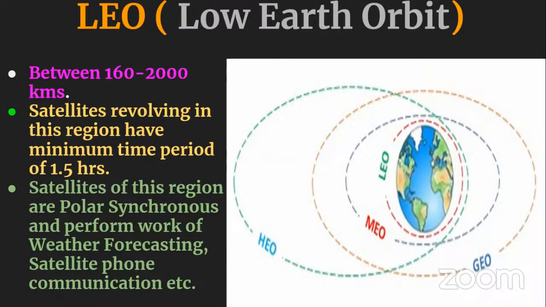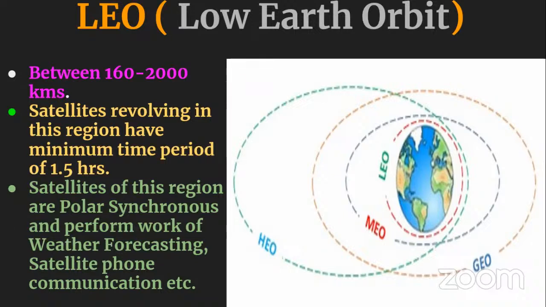What I can do is use my polar synchronous satellites and make them move around that region. They will capture photos and send them to me, from which I will be able to understand the positions. So that is also one of the applications of the satellites in the LEO orbit.